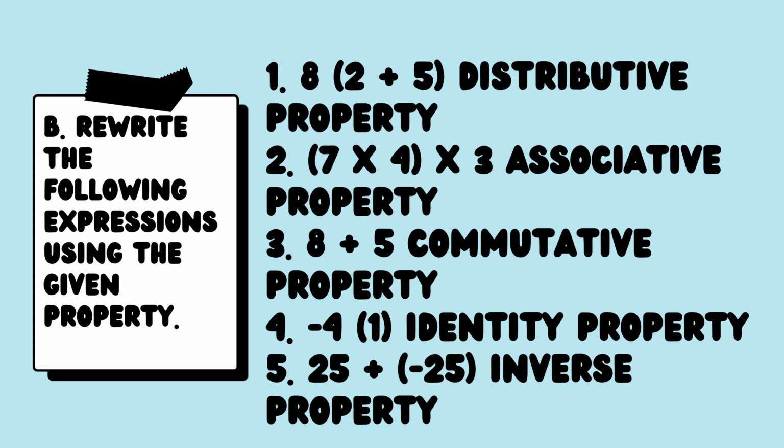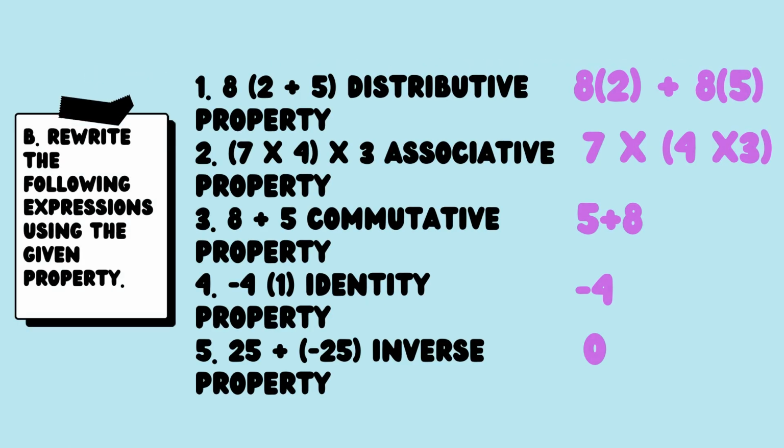And here we have associative property. The third one is the commutative property. The fourth one is identity property. And the last one is the inverse property. Okay, let us see. See that? I hope you got it correctly.